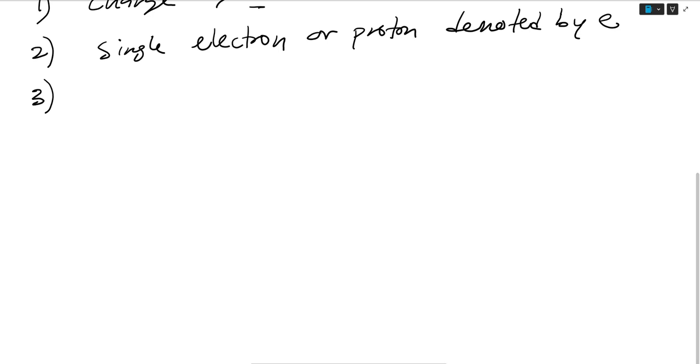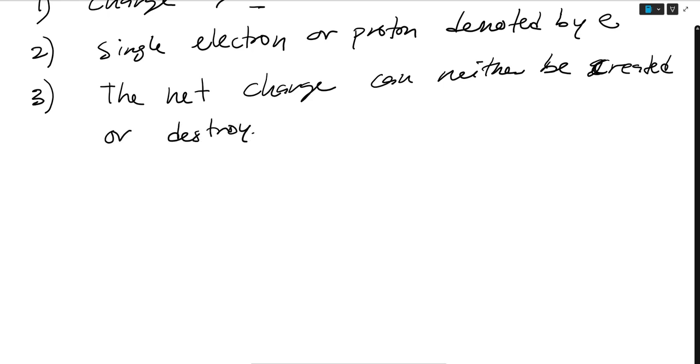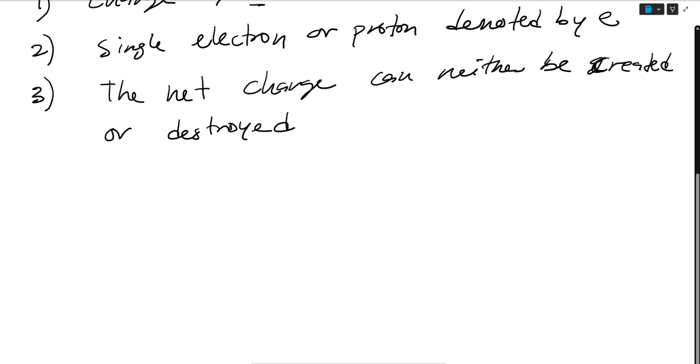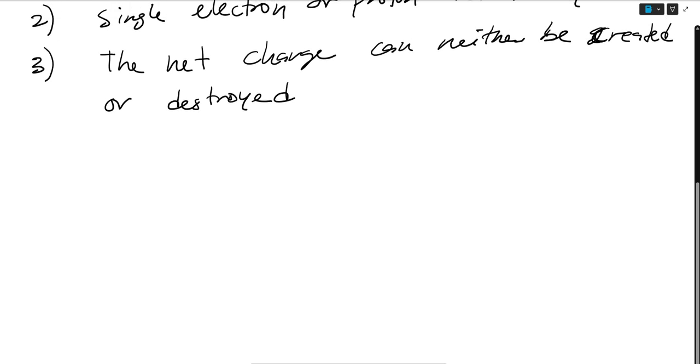That says that the net charge in your system or in an enclosed region can neither be created or destroyed. And this is similar to energy, right? Energy can neither be created nor destroyed. The same thing with the net charge in an enclosed system.